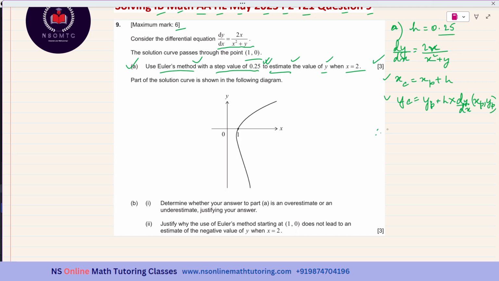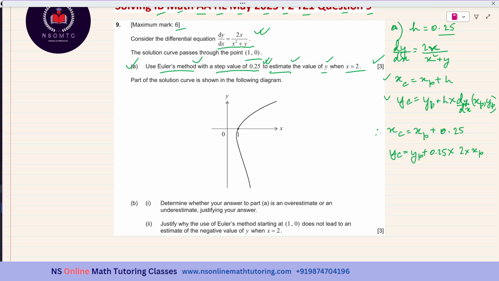So therefore, xc, the current value of x, should be equal to xp plus, in place of h, 0.25. And yc should be equal to yp, the previous value of y, plus 0.25 times the expression for dy by dx, so it is 2 times xp over xp squared plus yp.